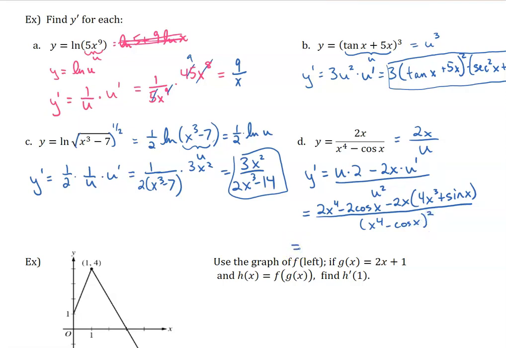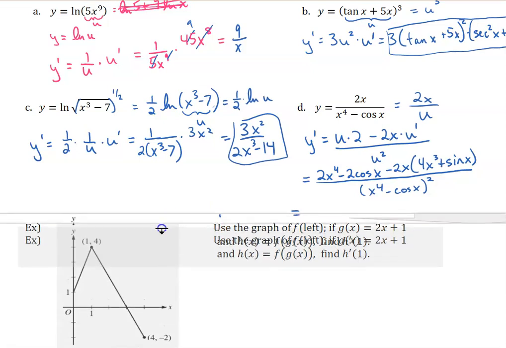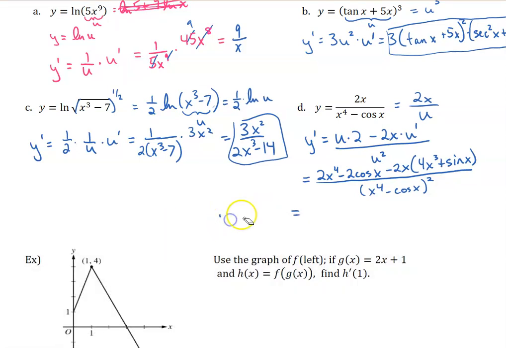And then really the only thing left to do, there's nothing that can factor out of the denominator that will cancel with the numerator, but I am going to distribute that negative 2x, which could be done in one step instead of these 2 steps if you want. Move that down.